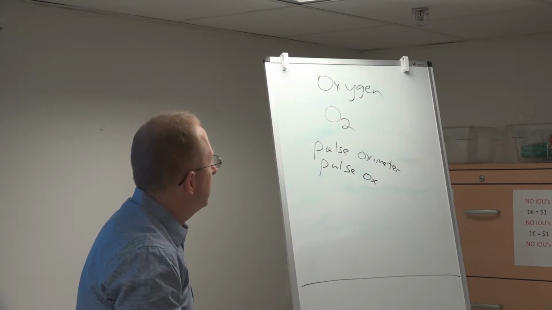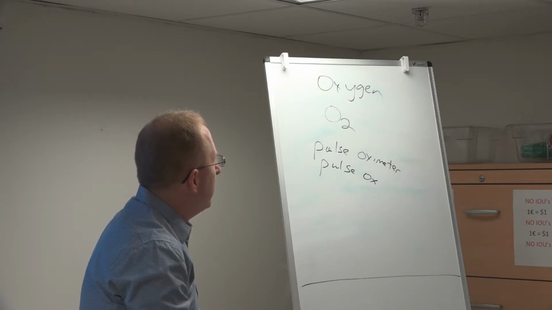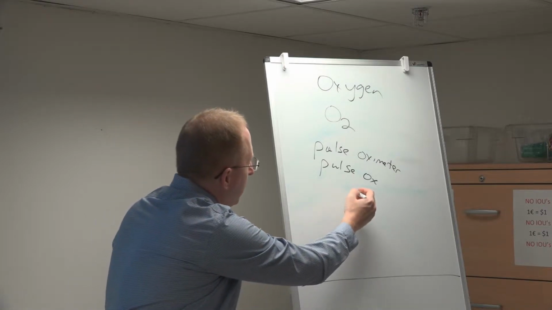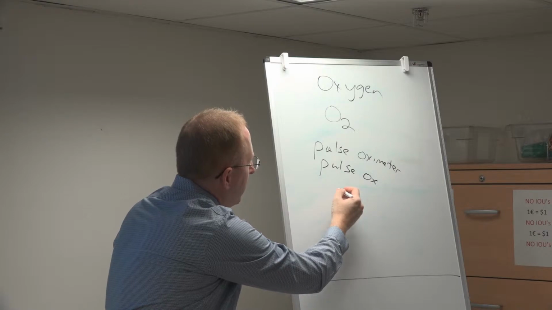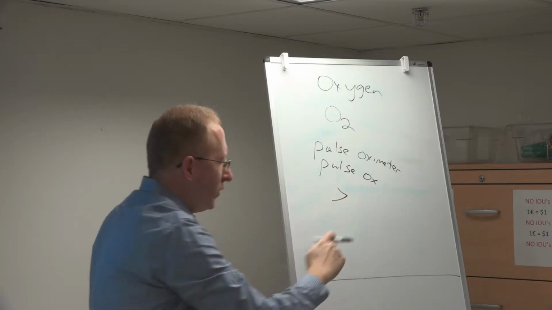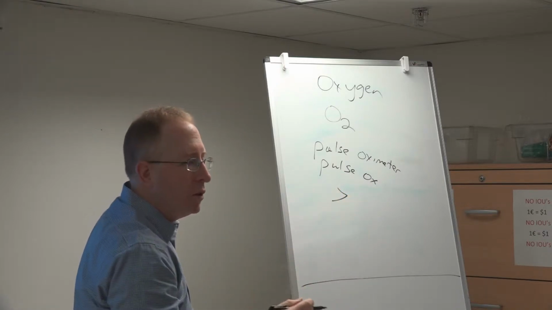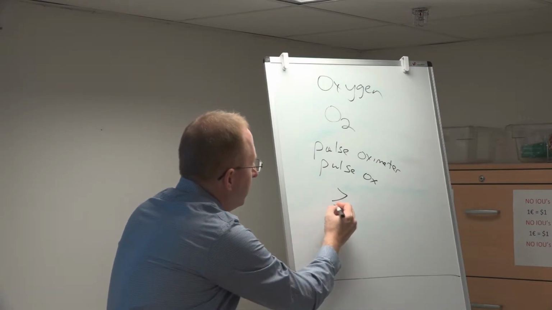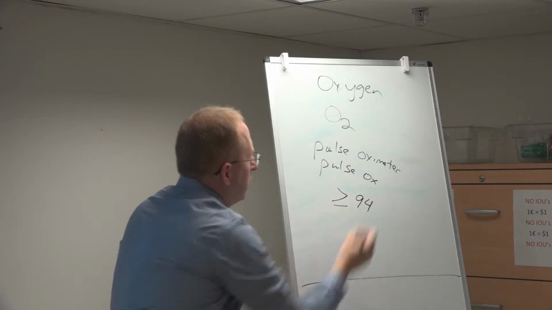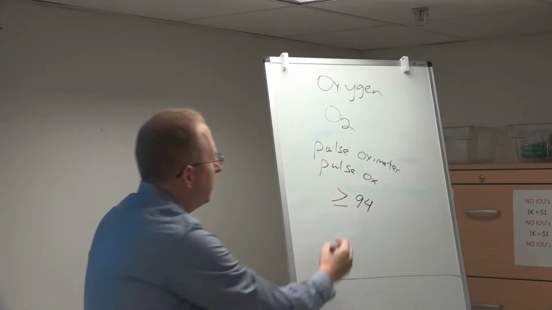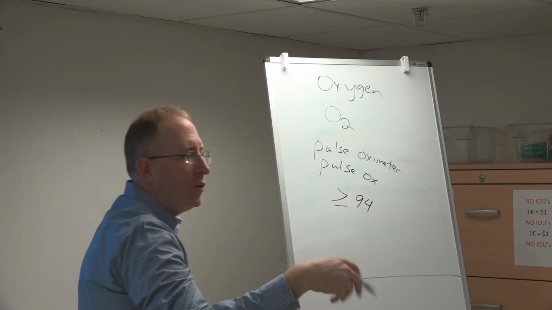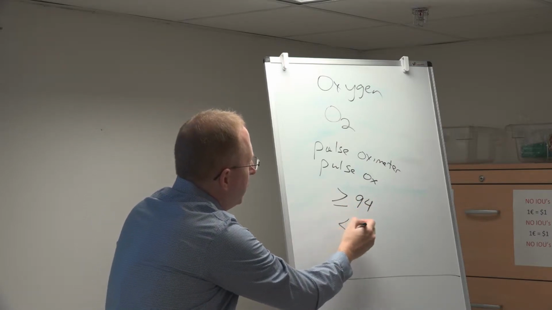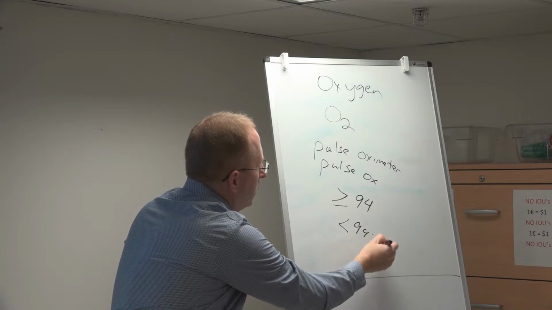So pulse ox. When we talk about pulse oximetry or pulse ox, there's a certain level that we want to have it greater than. And what's that level? 96. So for ACLS purposes, greater than or equal to 94, because throughout the course, the definition for low oxygen levels in the blood is less than 94%.